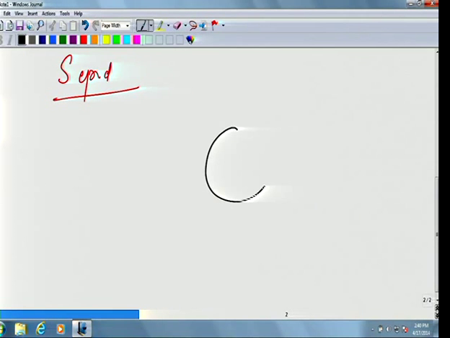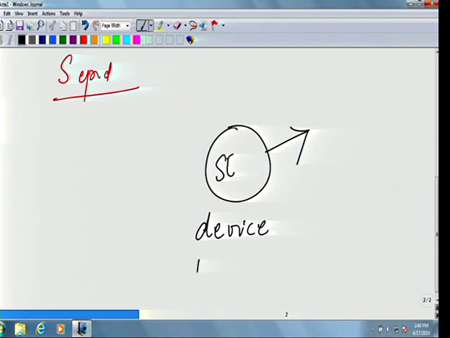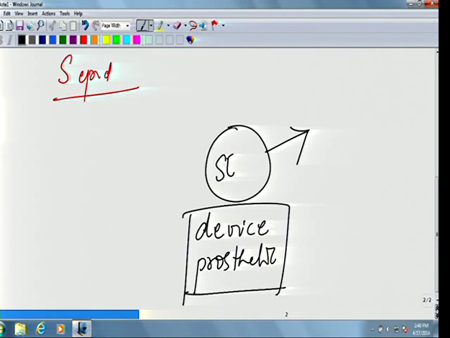What's the important virulence factor of Staph epidermidis? What infections are associated with Staph epidermidis? Device-related infections, prosthetic devices. Any examiner would like to know the association of Staph epidermidis with prosthetic devices.